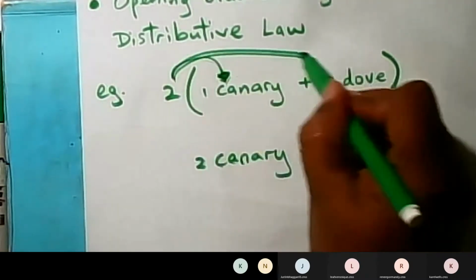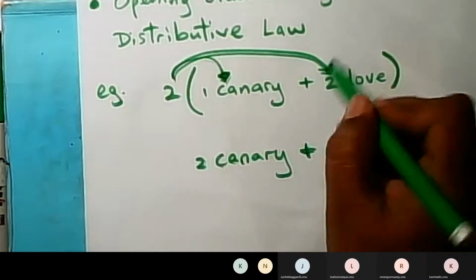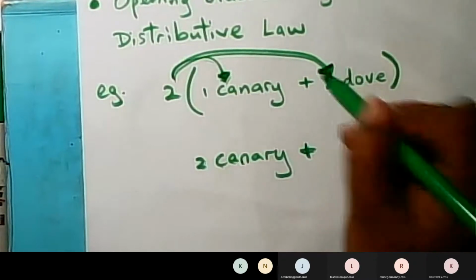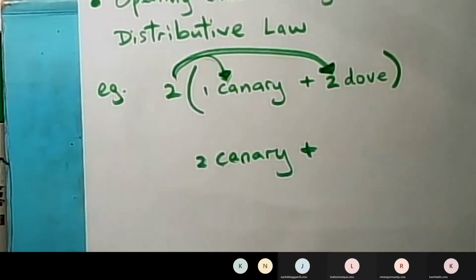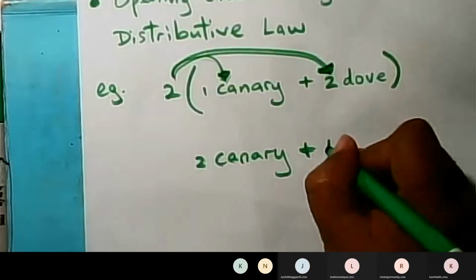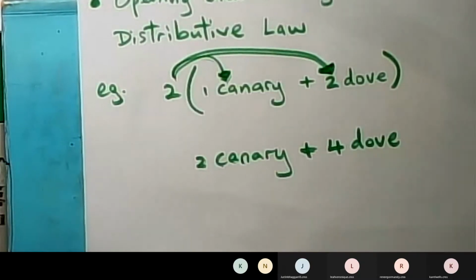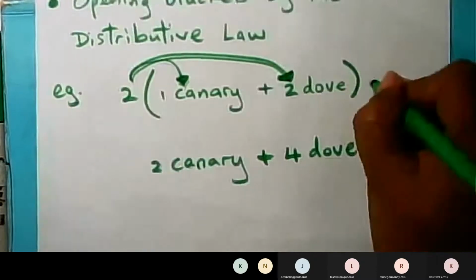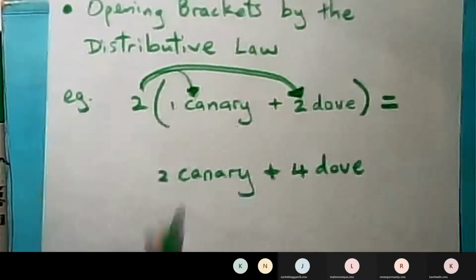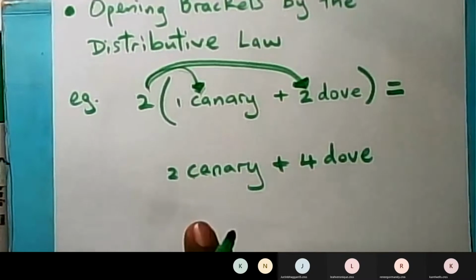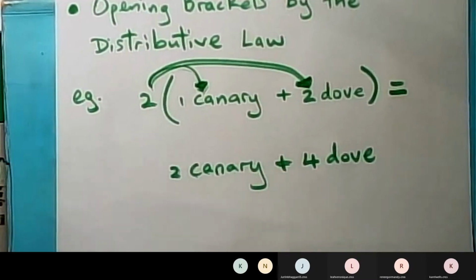So I'll draw an arrow like this here. How many doves? Four doves in the room. I don't need to draw the brackets anymore because I have just released the birds out of the cages and they're now flying around in the room. So my two cages here is equal to having two canary and four dove.